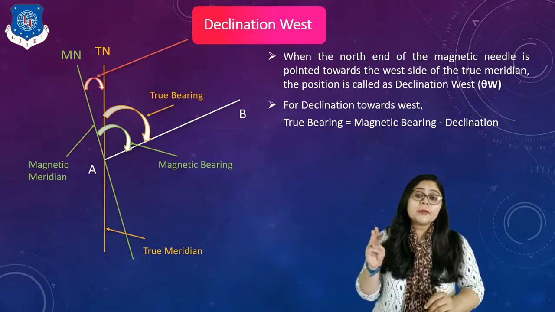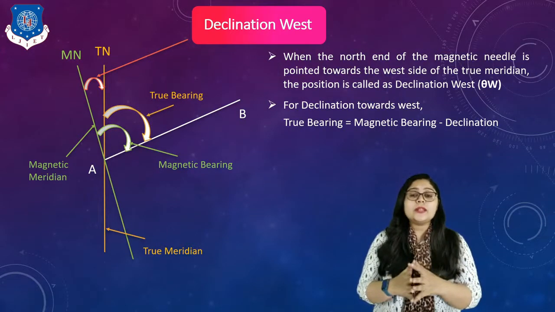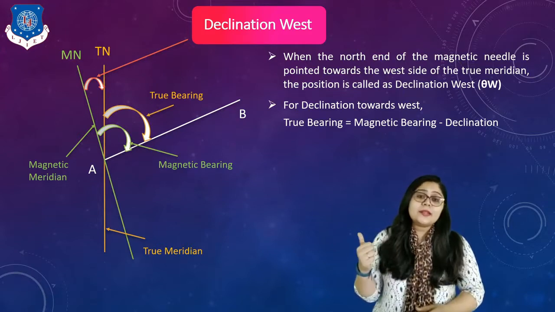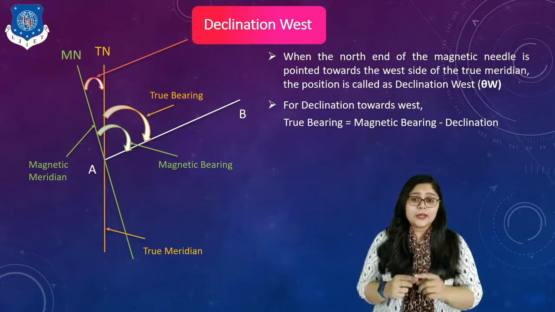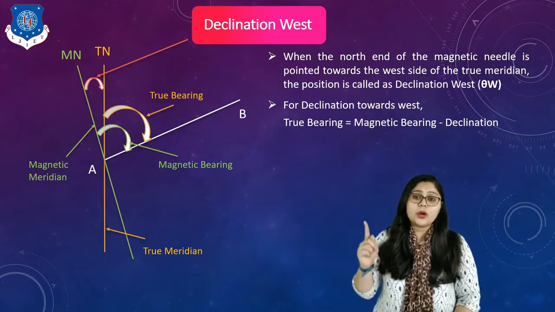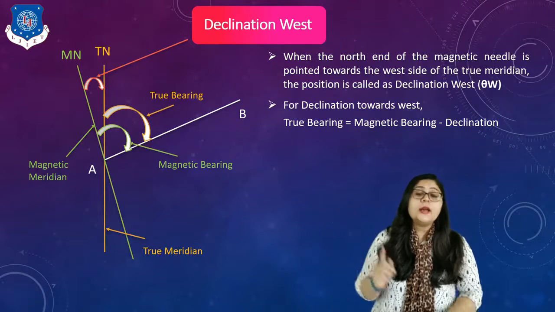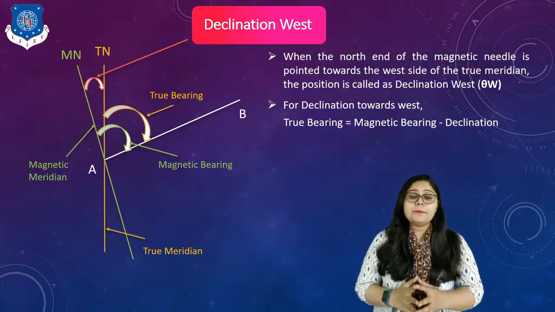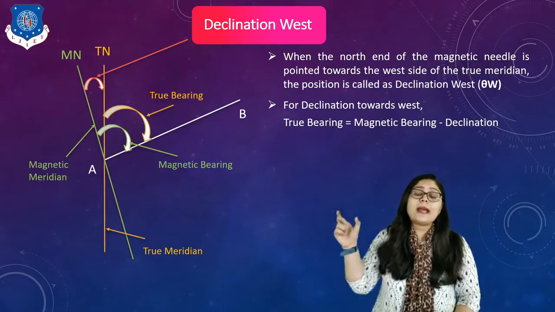Now, three terminologies are there, and if I want to find a correlation between these three, then for declination towards west, I can say the true bearing, it means with reference to true north, the angle made to my survey line, is calculated by simply subtracting the value of declination from the magnetic bearing.